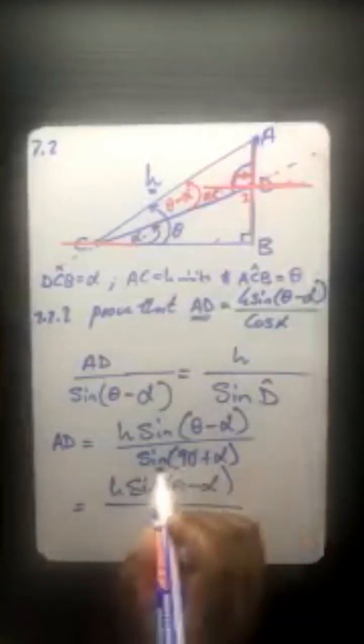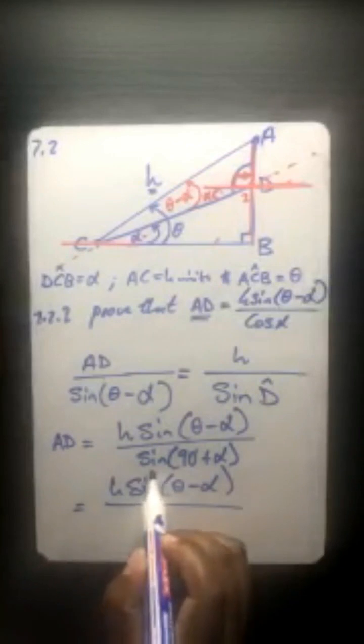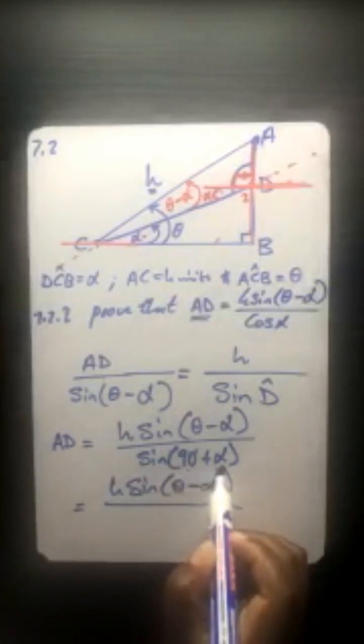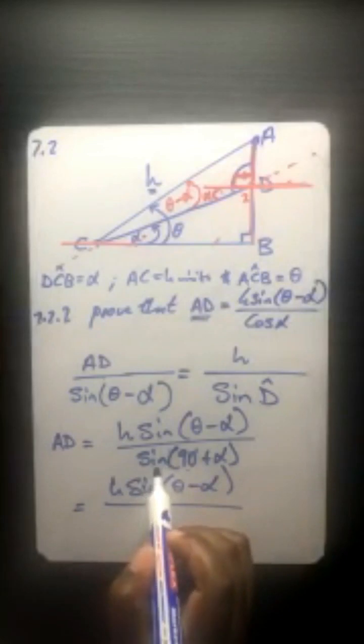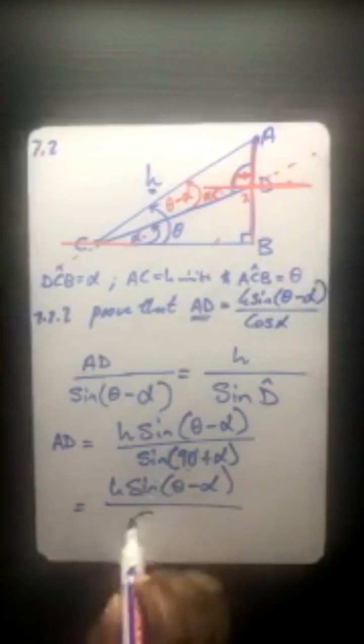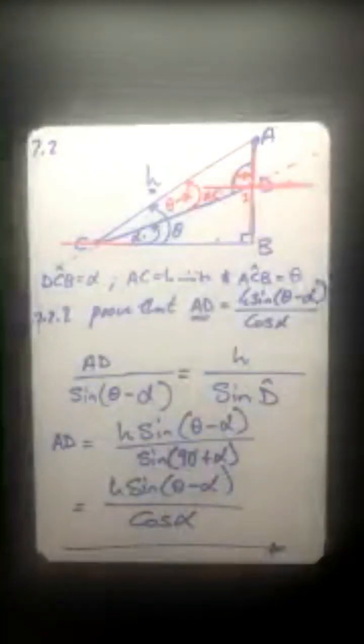This is almost a cofunction, or whatever, where you say sine of 90 plus takes you to the second quadrant, where sine is positive. Therefore, it changes to cos, meaning this is actually cos of the angle. So you are done. You have proven that AD is equal to the whole of that.